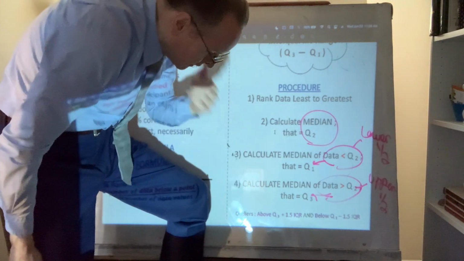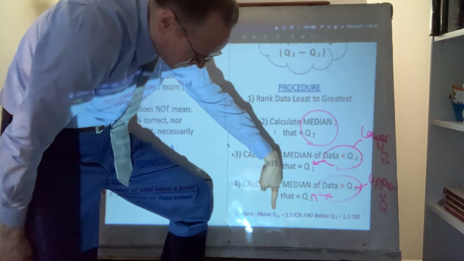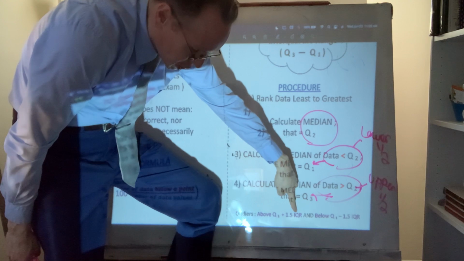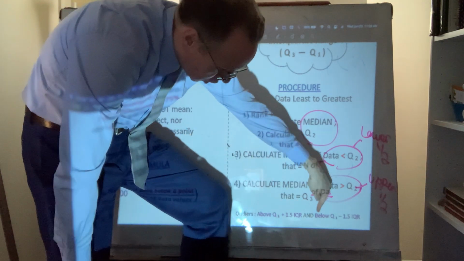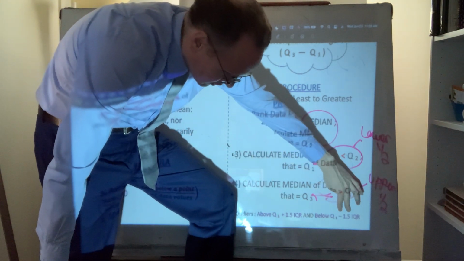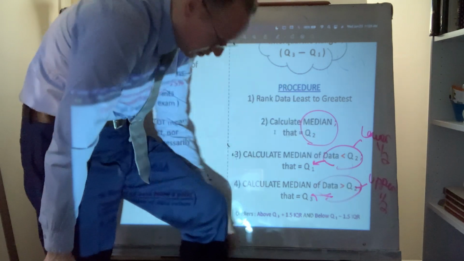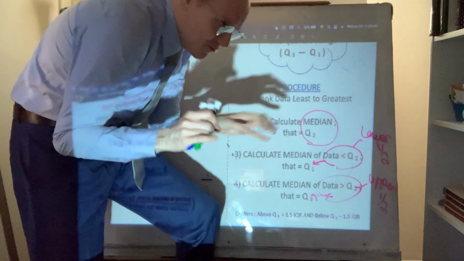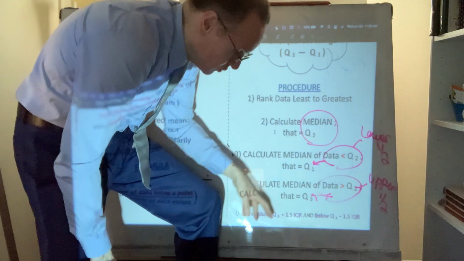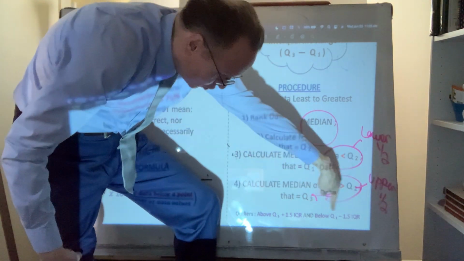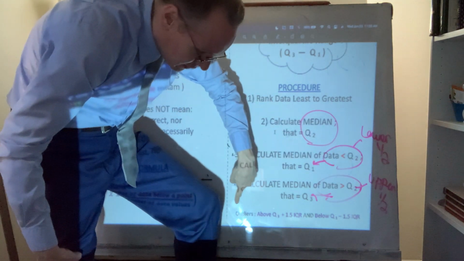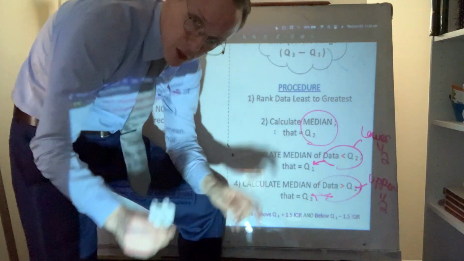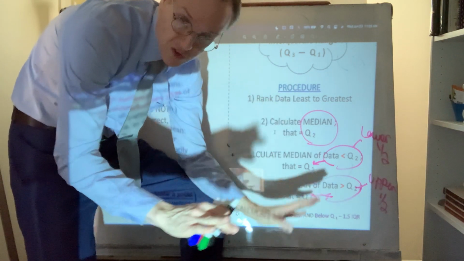Again, if you were looking for outliers, which you're not responsible for, if you have a figure that is above Q3 by 1.5 times the interquartile range, or below quartile 1 by 1.5 times the interquartile range, then you're certified as being a dud, essentially.